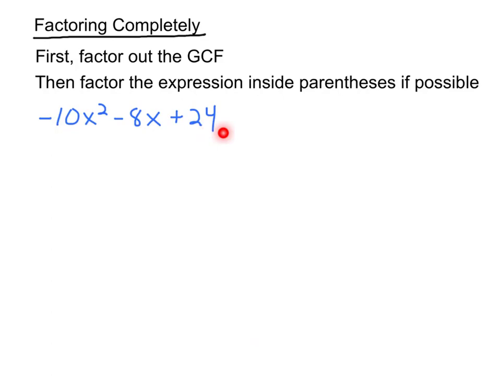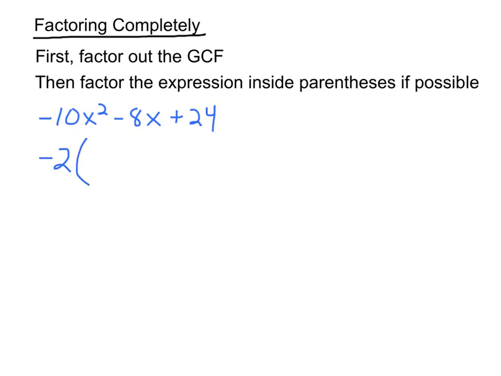But remember, we talked about in the last section that when this first term, what's called a leading term, has a negative coefficient, like this one does, a negative 10, it's really beneficial to not just factor out 2 as the GCF, but a negative 2. So we'll want to factor out that negative number when that first term is negative.